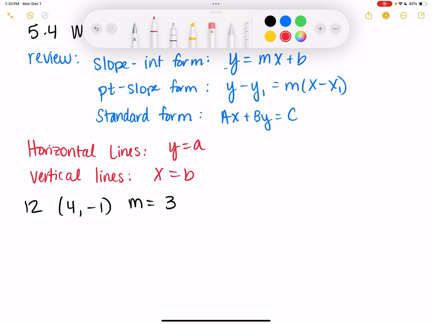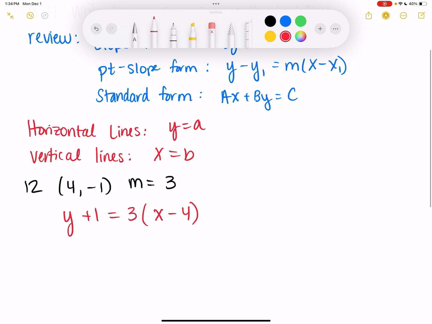So I've got y minus y1, well y1 is -1, so it's going to be y plus 1 is equal to 3 times x minus x1 is 4. So unlike with our last section, we could just leave them here. I now need it in standard form, so I'm going to have to distribute over here. So y plus 1 equals 3x minus 12.